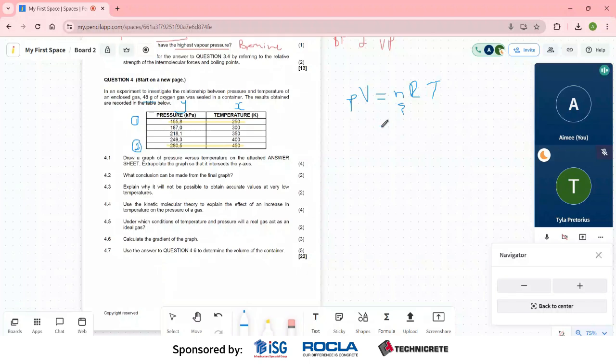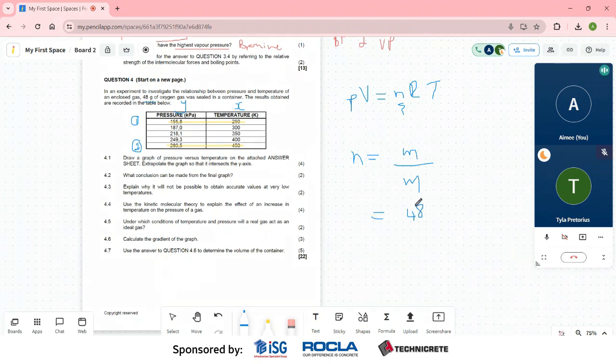It's very easy to convert a mass into moles. You say small n, which means number of moles, is equal to small m, or mass, over my molar mass, big M. So my mass is 48 grams. Grams is the correct SI unit for chemistry. And we divide that by the molar mass of oxygen.